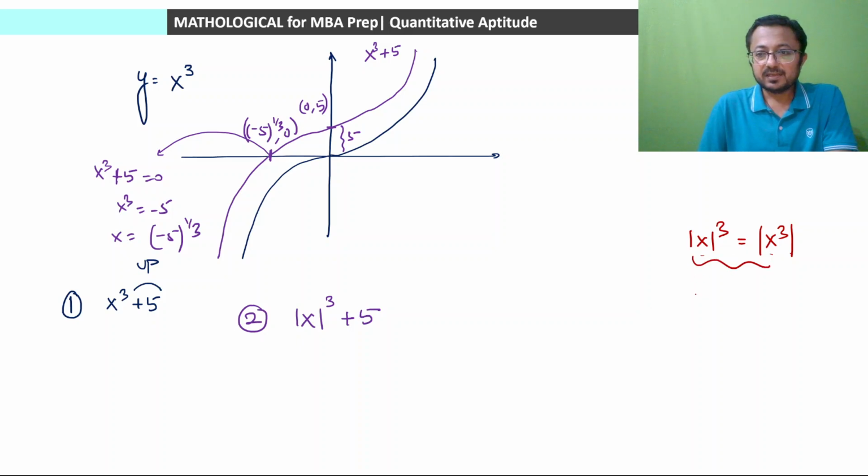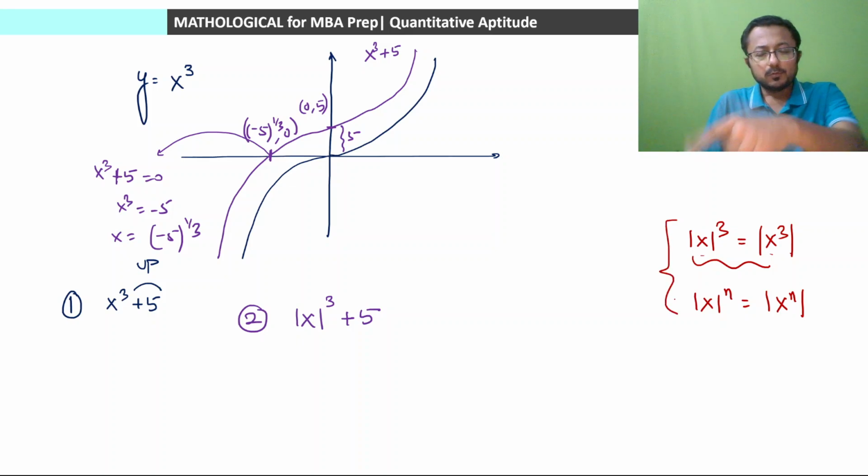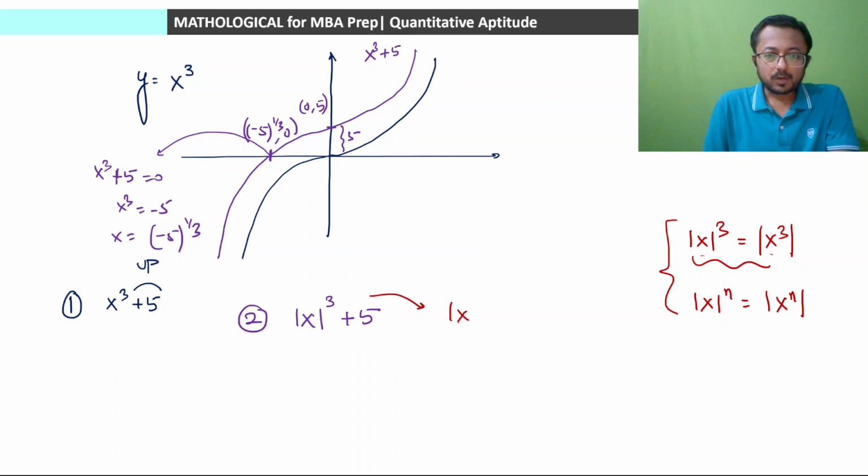Or in general, mod of x to the power n will be same as x to the power n inside modulus. Both these things are equal. पहले पॉजिटिव बना लो, उसके बाद में पावर डालो, ठीक है, या फिर पहले पावर की वैल्यू निकाल लो, उसके बाद में फिर मॉडुलस अप्लाई करो. Both things are exactly the same. So we can write this as mod of x cube plus 5.